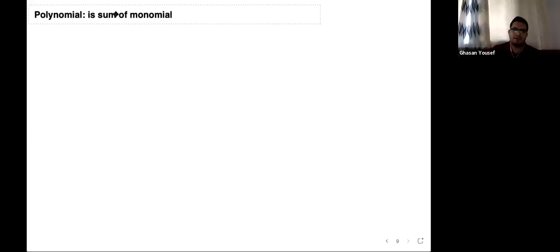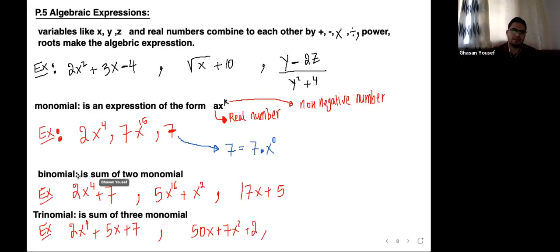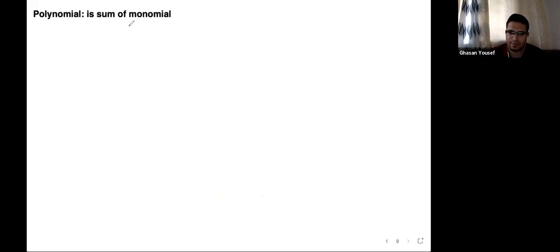The sum of monomials is called a polynomial. I mean, the sum of one monomial is called a polynomial. So I can say the binomial is a polynomial. The trinomial is also a polynomial. So any sum of monomials is called a polynomial.